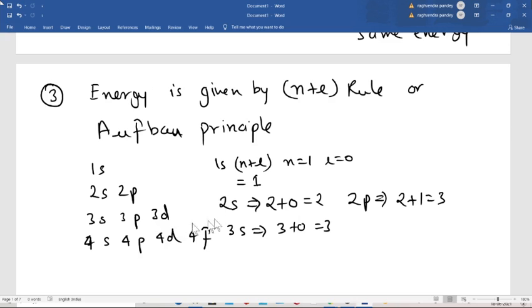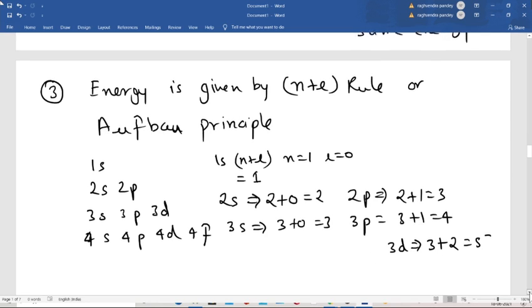Then comes the 3p: 3 plus 1, so that is your 4. Then comes 3d. 3d is 3 plus 2, because for d the L value is 2, so that is your 5. So 3s, 3p, 3d.